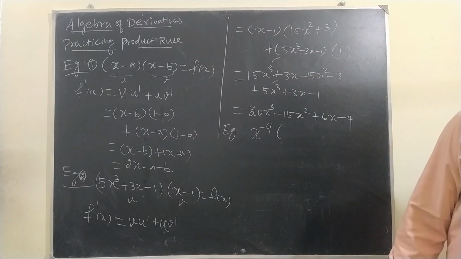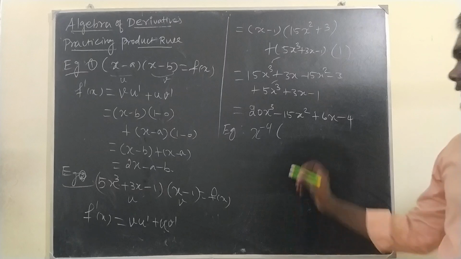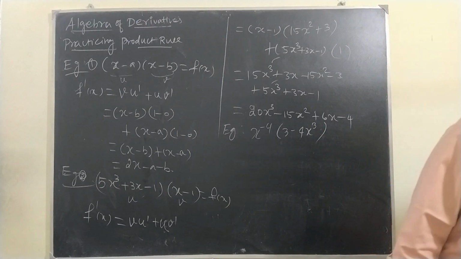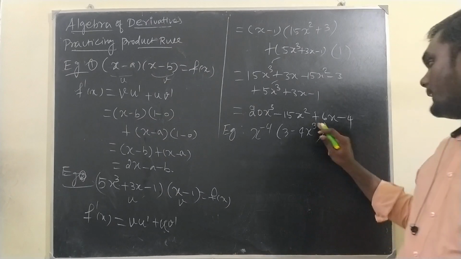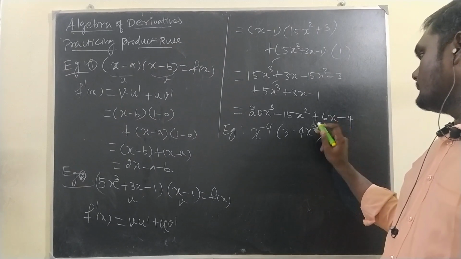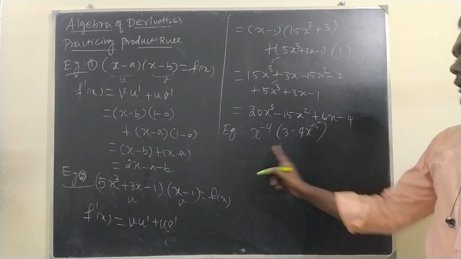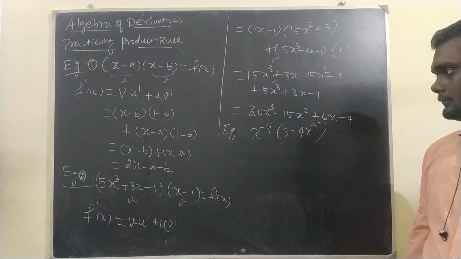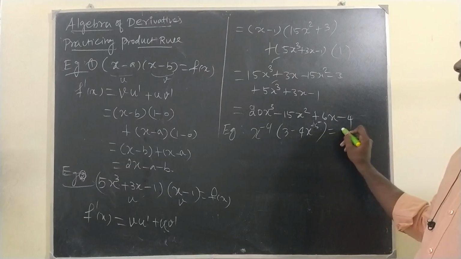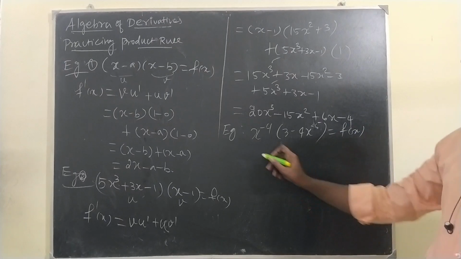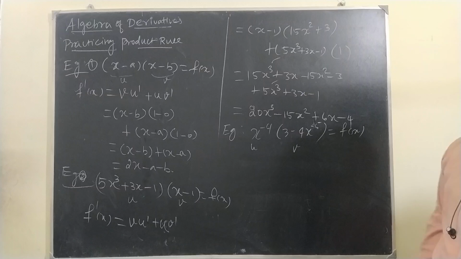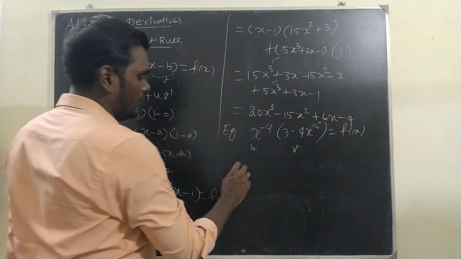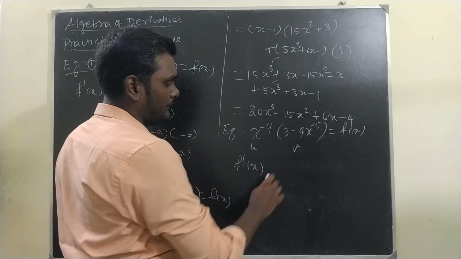Okay. And then the next one, x power minus 4 into 3 minus 4x cube. Oh, sorry, x power minus 5. Now tell me how to find the derivative of this function. First we will write it is f of x. What is u? What is v? Then f dash of x.